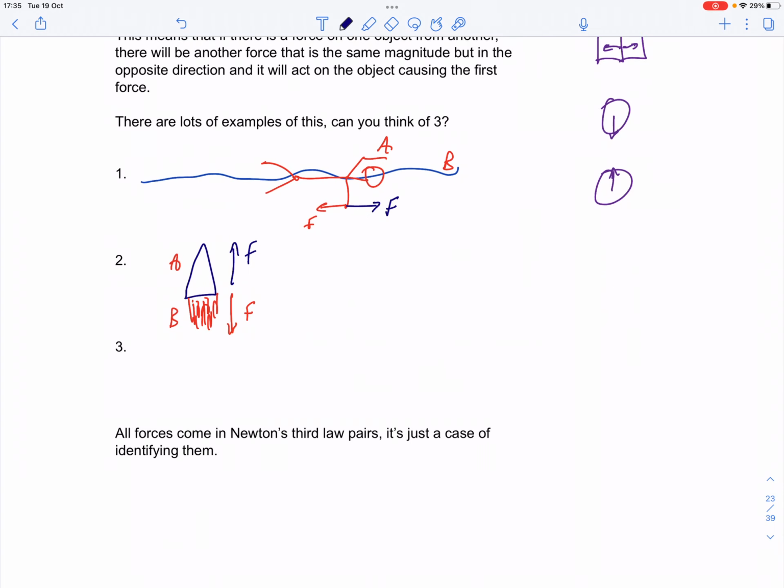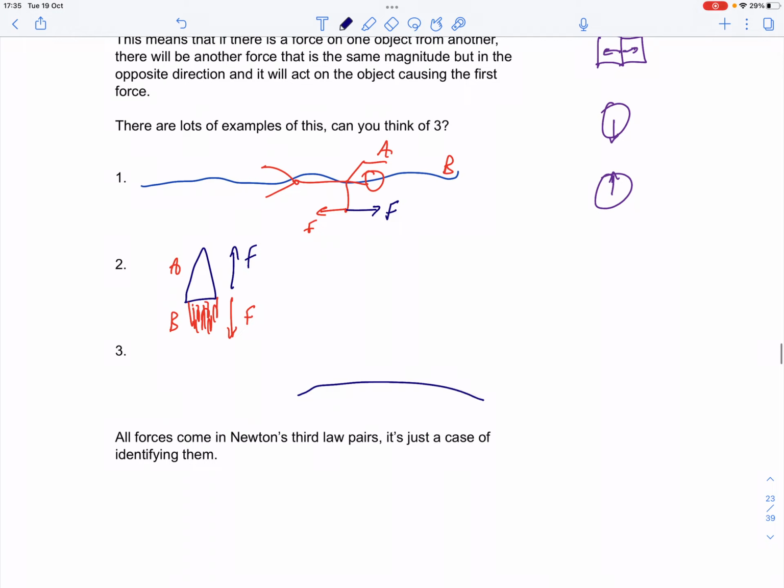Here's another one, and this is slightly more counterintuitive perhaps. Here we have the Earth, and here we have a book. And in this case, the book has a weight, and I'm going to call the book object A, and I'm going to call the Earth object B. And the Earth is pulling on the book with a force equal to its weight.